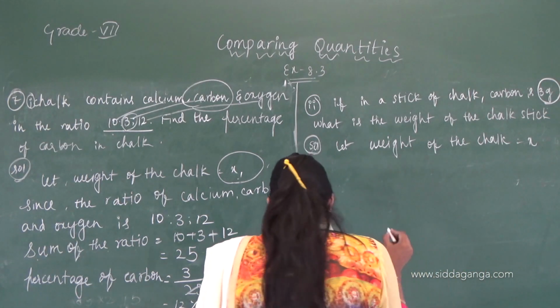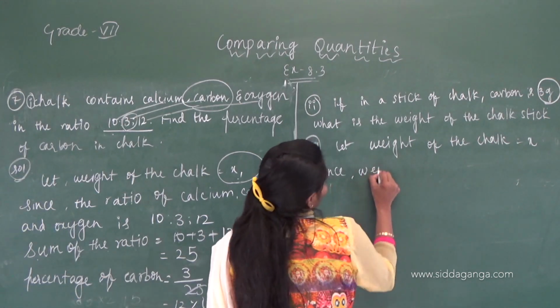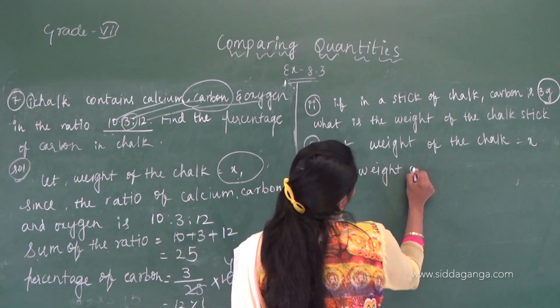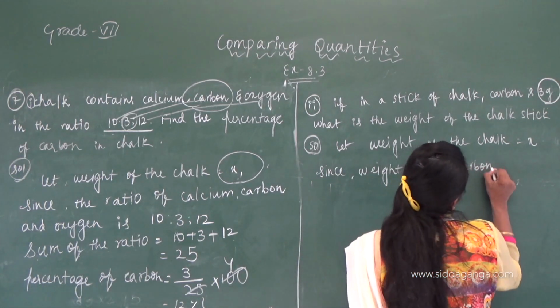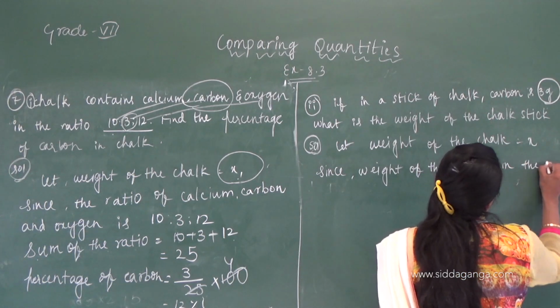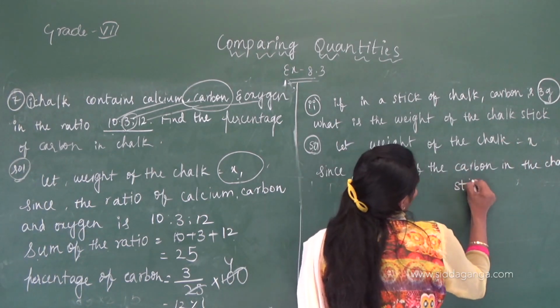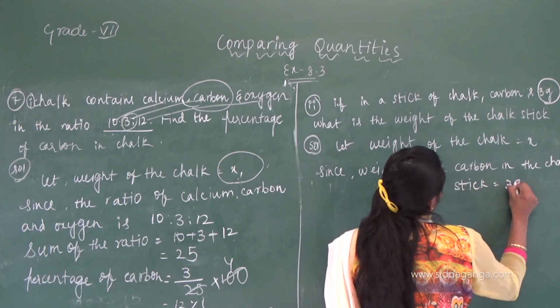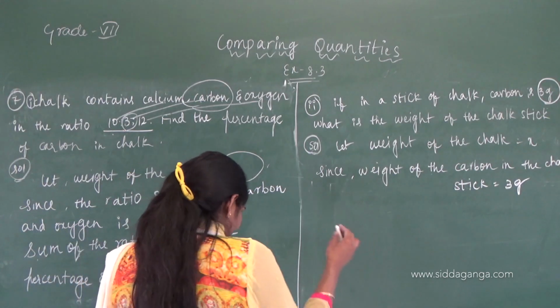Then, since the weight of the carbon in the chalk stick is 3 grams, the weight of the carbon in the chalk stick equals 3 grams.